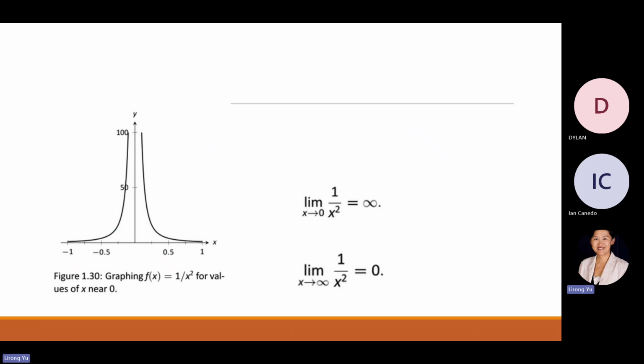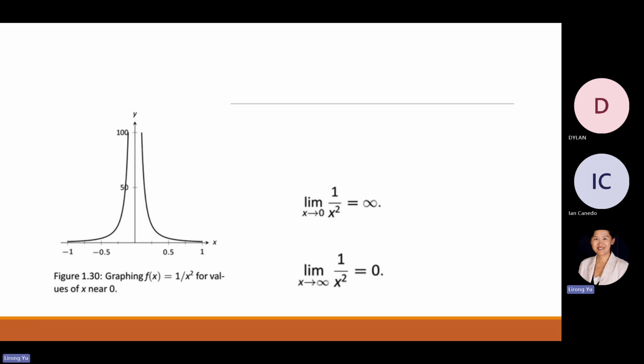Down here in the second limit, it says when x approaches infinity, the y value goes to 0. So in this example, we see y is finite, but x is going to infinity. So x is going to infinity, but the y value is a finite value of 0. That is a horizontal asymptote. Whenever x is finite and y is infinity, that is a vertical asymptote.